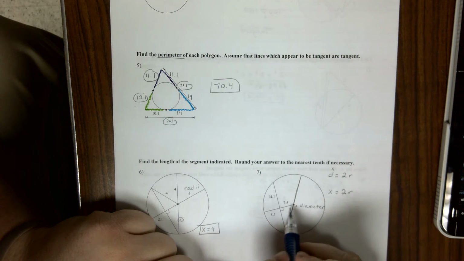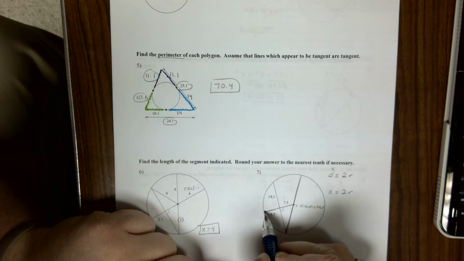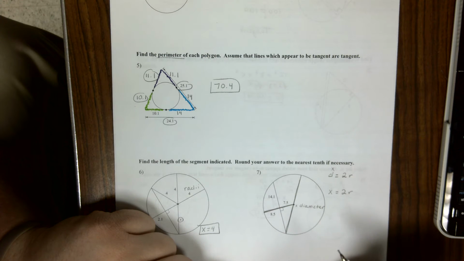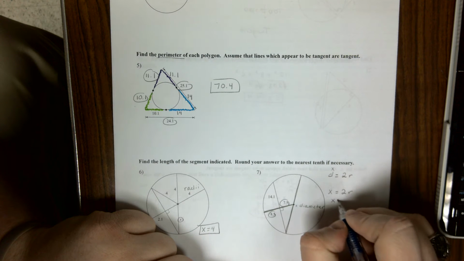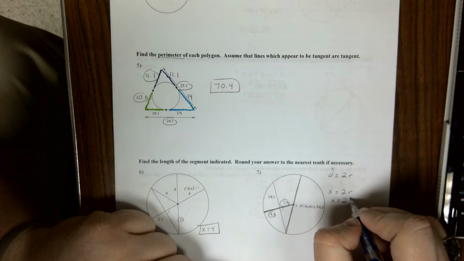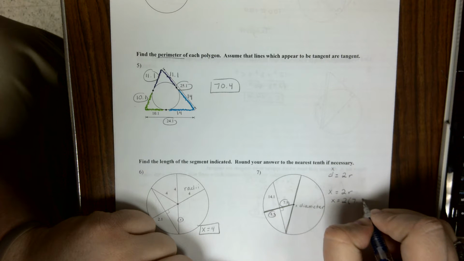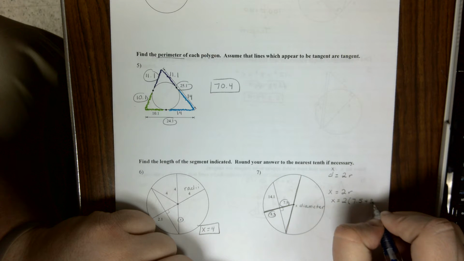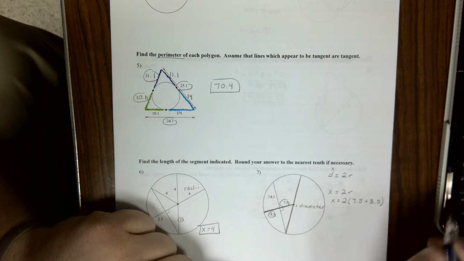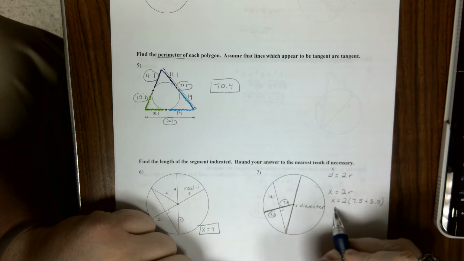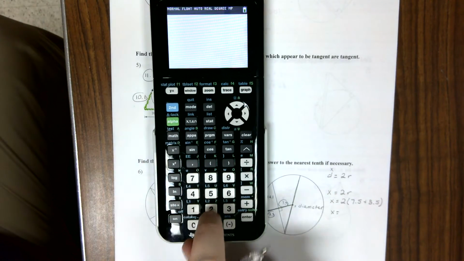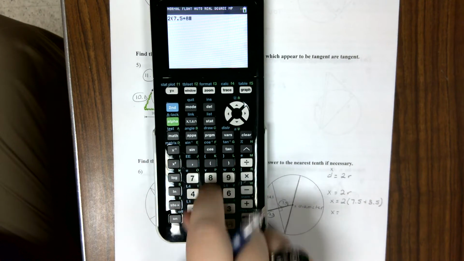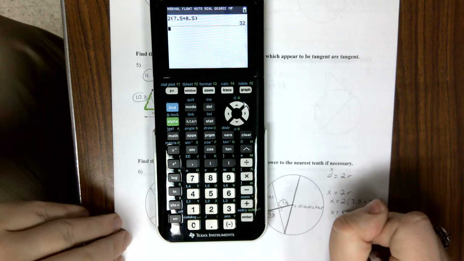I noticed that these two together make me a radius. So 8.5 and 7.5 are going to come together. Add them together and then double it. 2 times 7.5 plus 8.5, and we get 32.